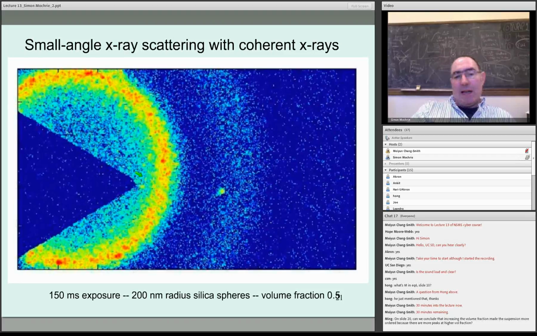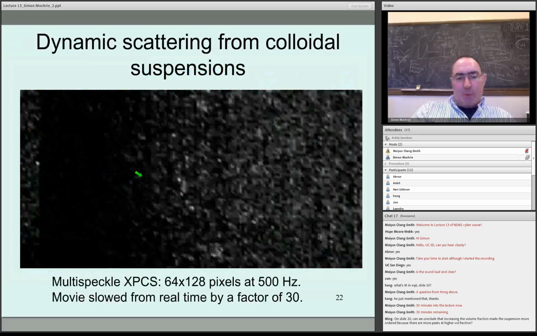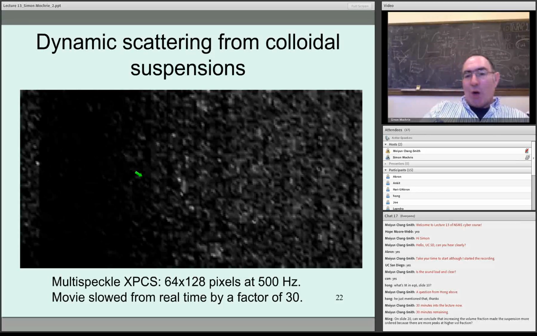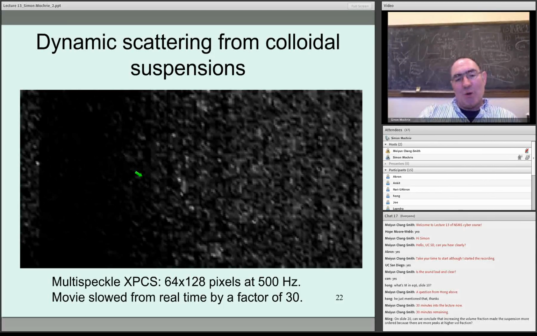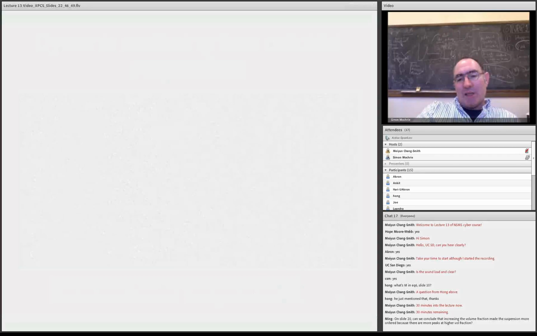So we're collecting the strongest part of the intensity, and we're just going to watch it as a function of time, but we've actually slowed things down a factor of 30. We're taking data at 500 Hertz. So if you could play the movie now, that would be great, and I'll just talk through the movie when it's playing.